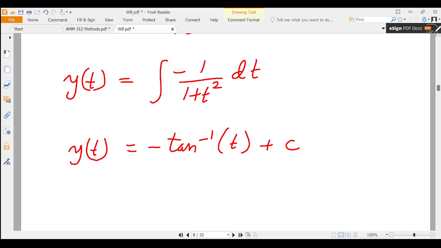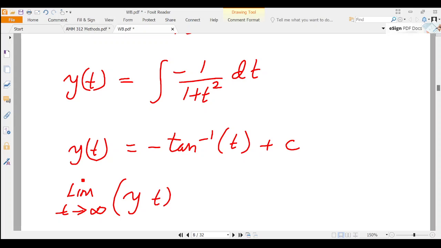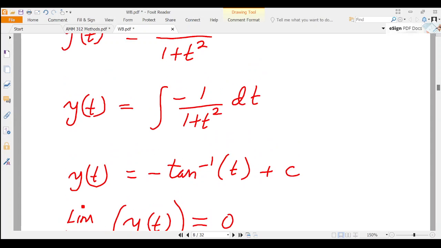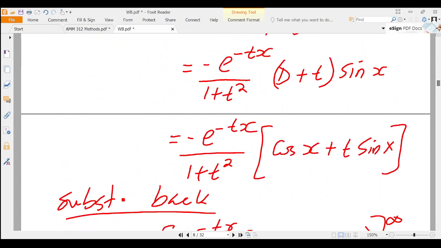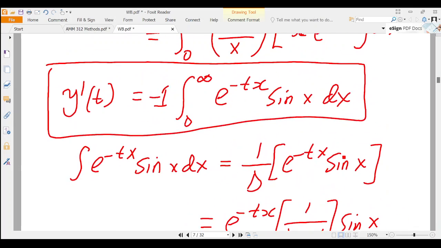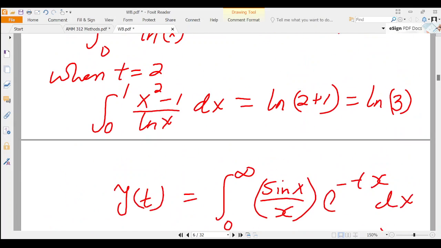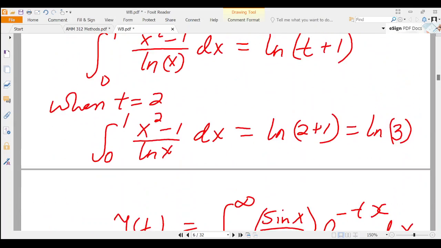Now remember, we had obtained that the limit as t approaches infinity of y of t is 0. If you can recall that, somewhere we did that initially at the beginning here.